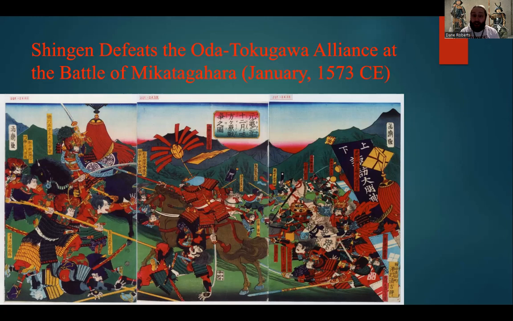Again, the Takeda clan was one of the most powerful clans militarily at the time. So it's very unsurprising to see Takeda Shingen defeating this sort of patchwork alliance between the Oda and the Tokugawa clans at the Battle of Mitakahara.